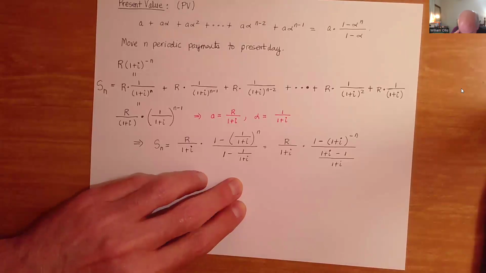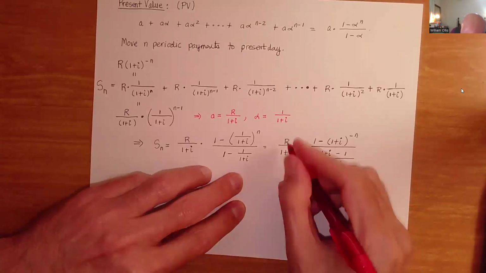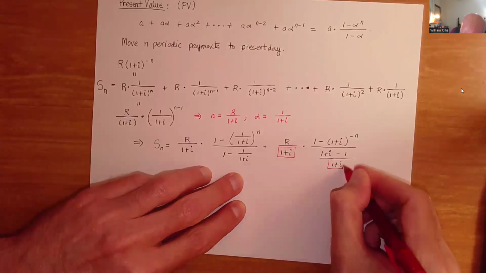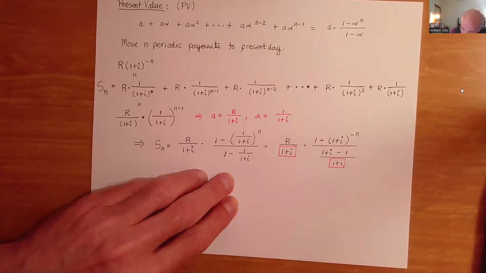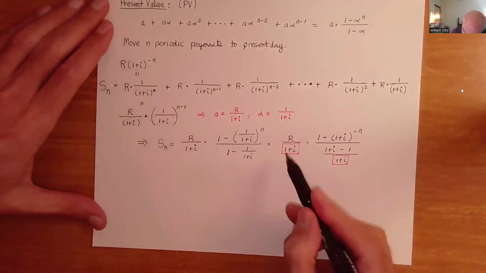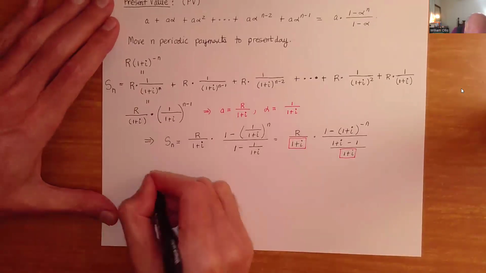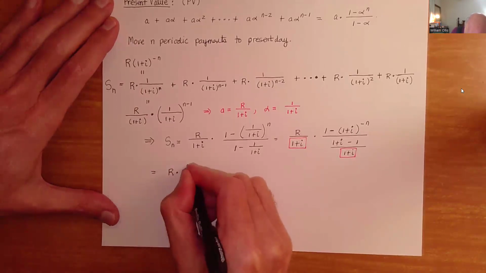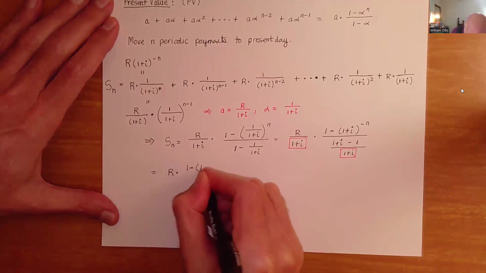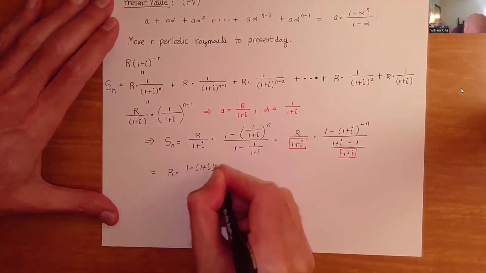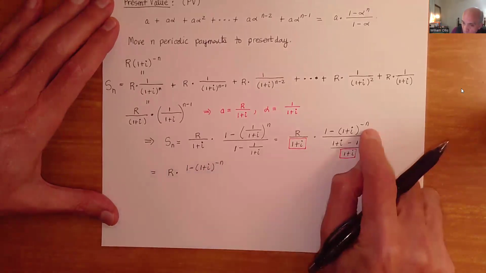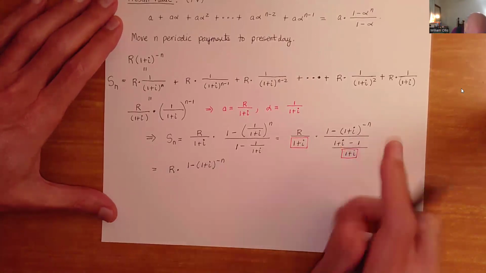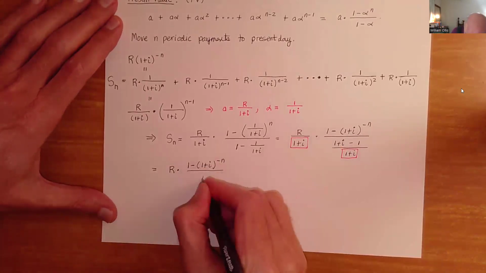So again, the arithmetic works in our favor. The 1 plus I's give us some multiplicative inverses. So these absorb. So we just get R times 1 minus 1 plus I to the negative n, just using the negative exponent for the reciprocal. And then, of course, the 1's absorb here, just leaving us with an I.